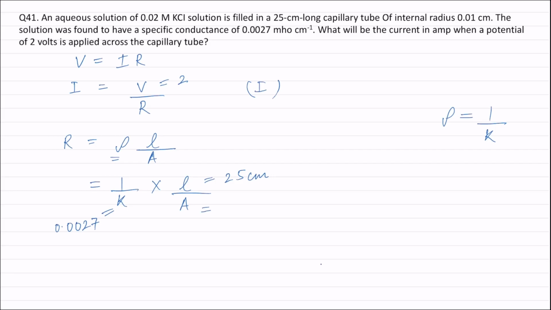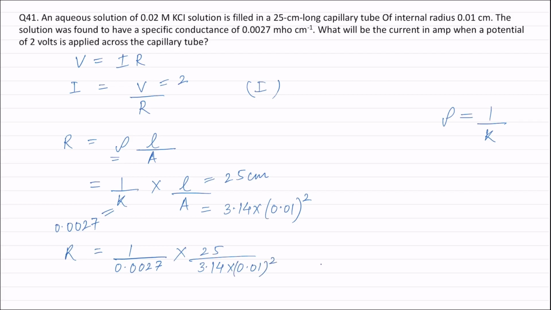Area is equal to pi r square, that is 3.14 into the value of radius is 0.01 centimeter. Therefore, r square will be equal to 0.01 whole square. Therefore, value of resistance will be equal to 1 by 0.0027 into 25 divided by 3.14 into 0.01 whole square.